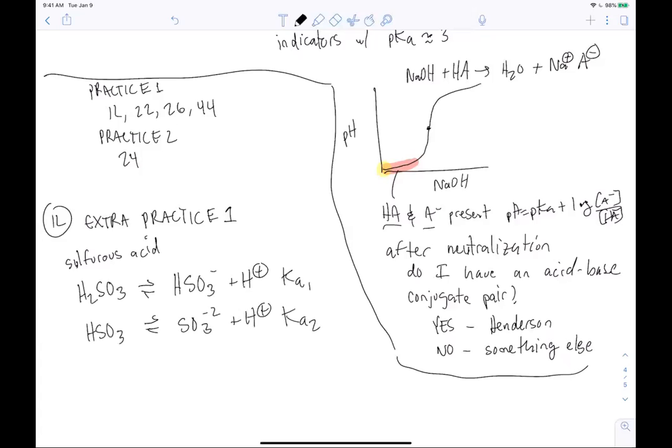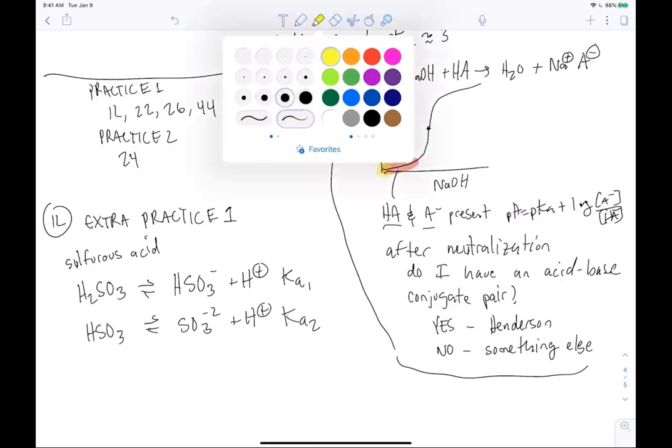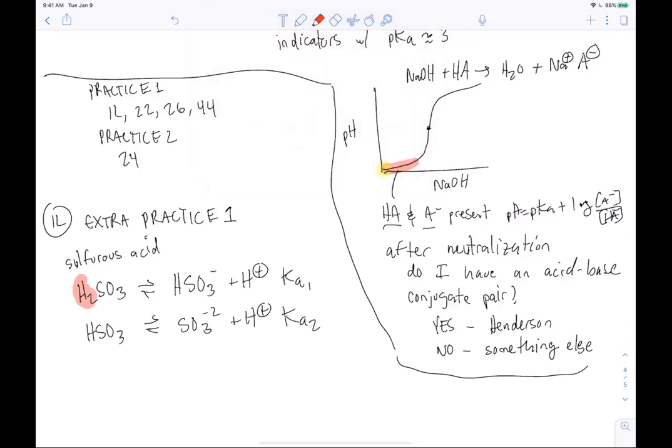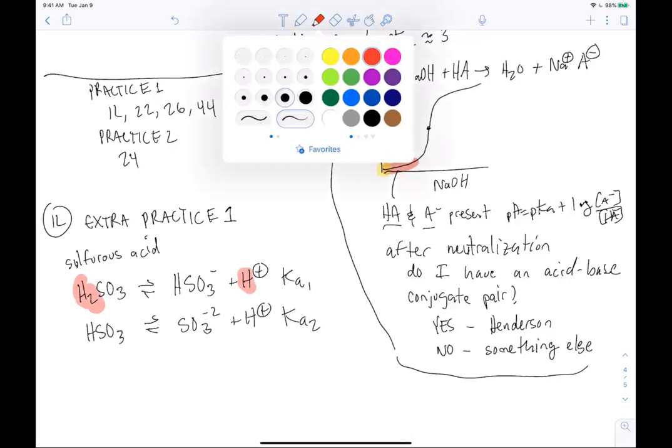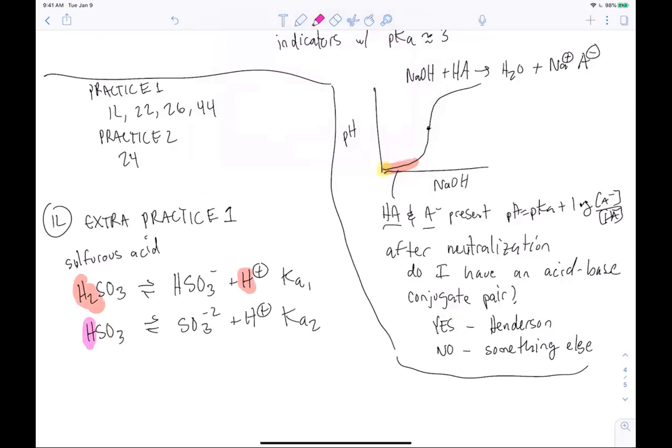For a polyprotic acid, for each Ka you're just removing one more proton. This is your bank of protons. You've got 2 of them, and in the first part one has come off, and then the second proton comes off. So Ka2 is going to be the one that gives you the correct answer.